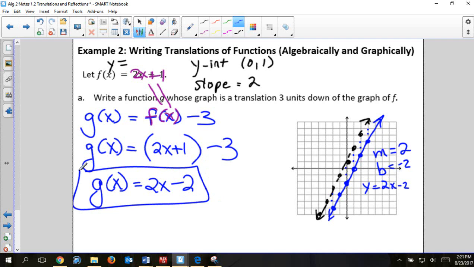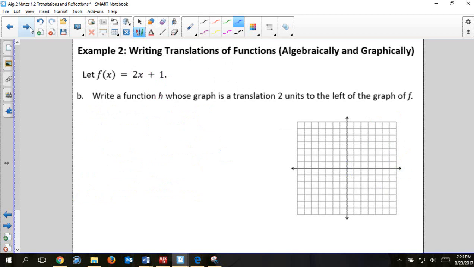You do not have to do this both graphically and algebraically, but I'm giving you options. So let's do the next example. f of x equals 2x plus 1, that's the same function that we just did. So we'll just quickly sketch that one. It begins at (0, 1), and then up 2, over 1.